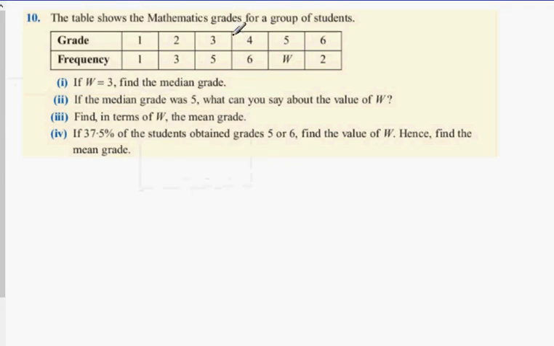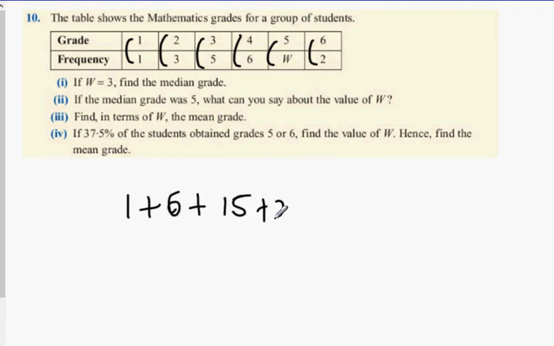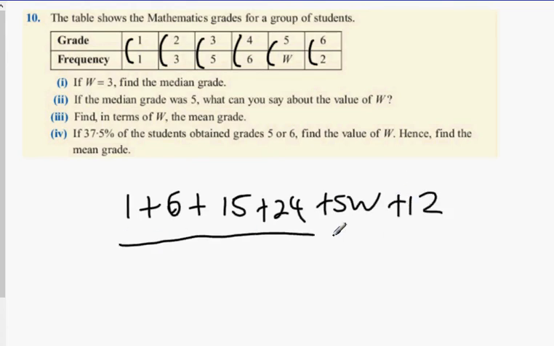Okay. Next thing is find in terms of W the mean grade. So what you do is we usually multiply the two of these by each other to figure out what's going on. So what we're going to get is 1 times 1 is 1, 6, 15, 24, 5W plus 12, all divided by, what is that going to be?